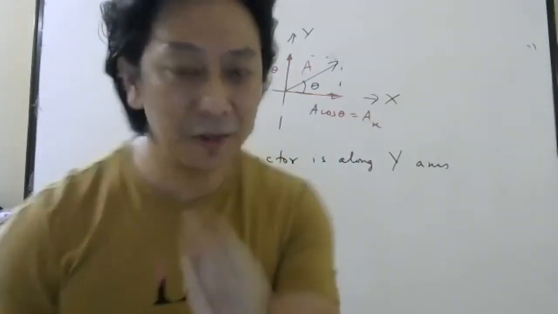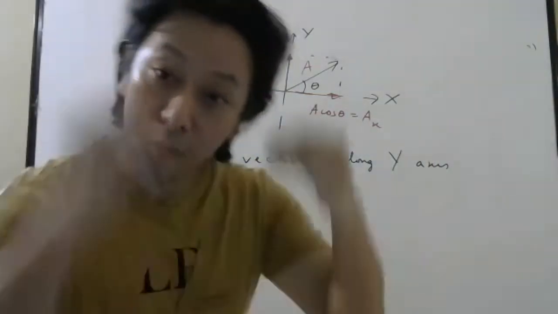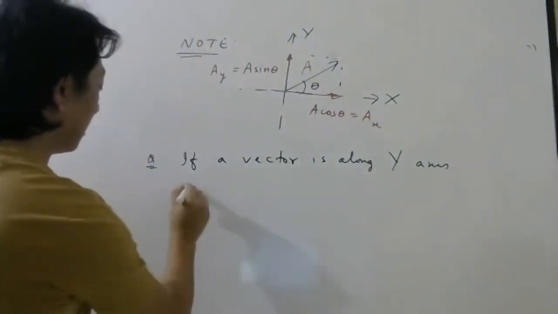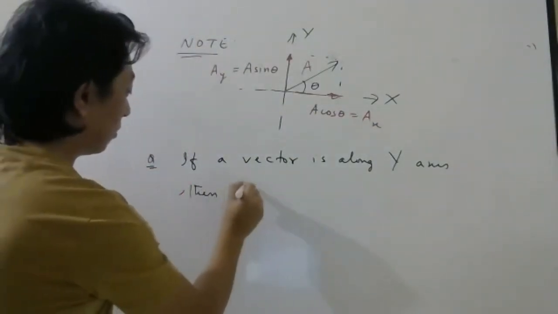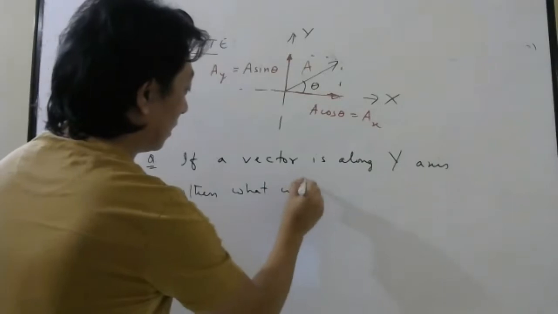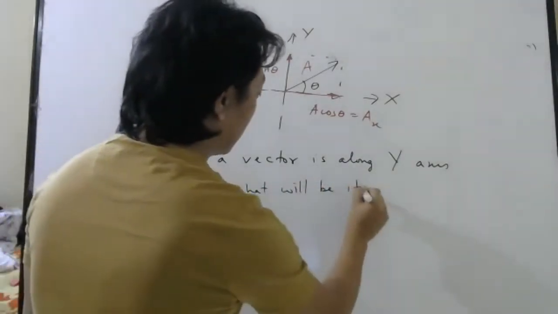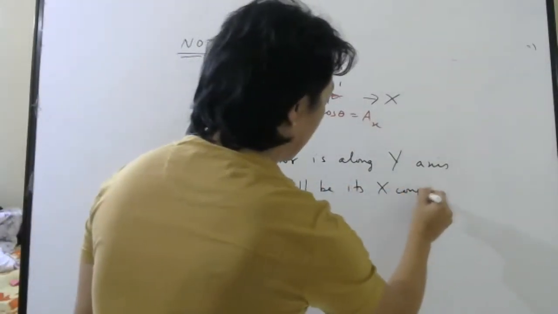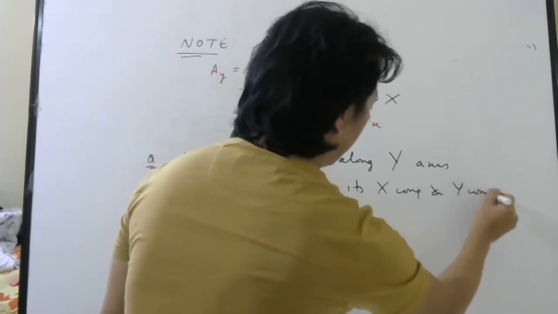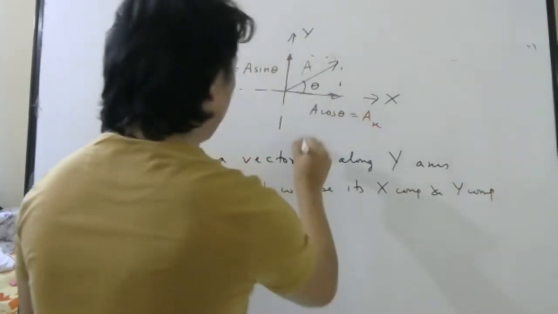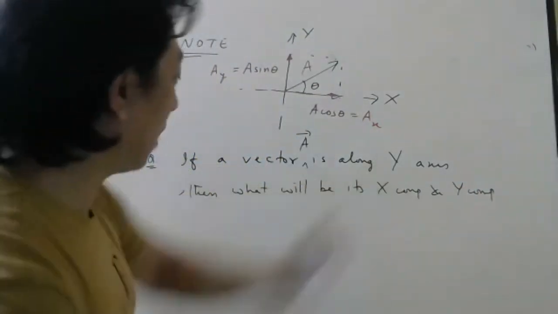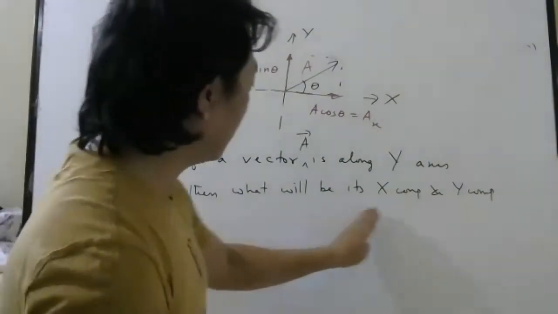Directly I am telling you the vector is along the y-axis. Then what will be its x component and y component? If a vector A bar is along the y-axis, then what will be its x component and y component?